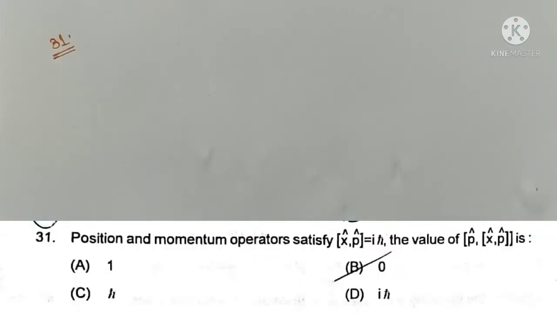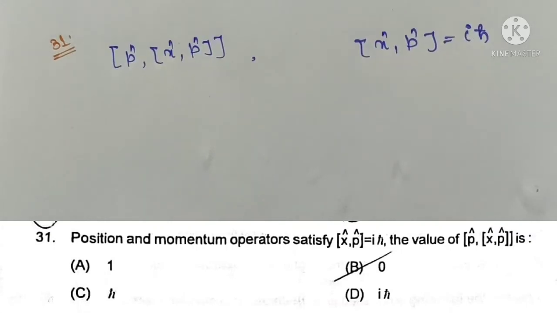Question number 31. Position and momentum operators satisfy this commutation relation. Now the value of the commutator bracket of P cap and the commutator bracket of X and P, so we have to find the value of this.